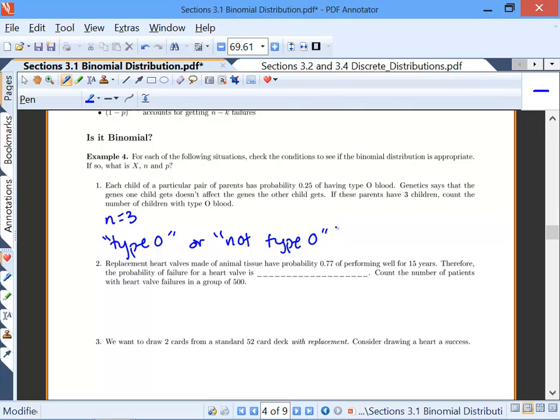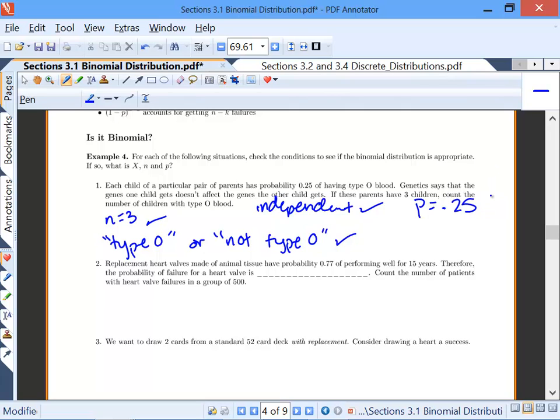What else do we need? We need them to be independent. It tells us independent. And the last thing is we need a probability of success that stays the same. So what is our probability of having type O? 0.25. And it should be the same for each child.